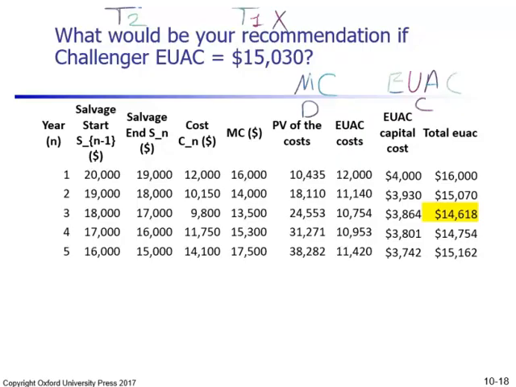If we want to do that, we go for the marginal cost of defender that you can see here in this column, and we know that the EUAC of the challenger is $15,030. So I go with marginal cost and it is 16,000, and 16,000 is greater than $15,030.